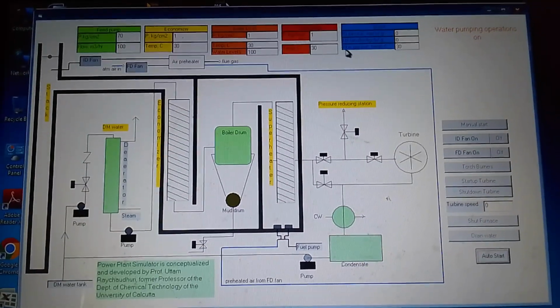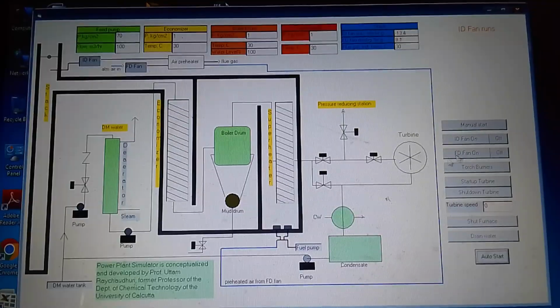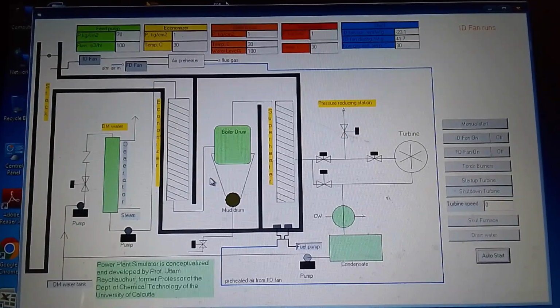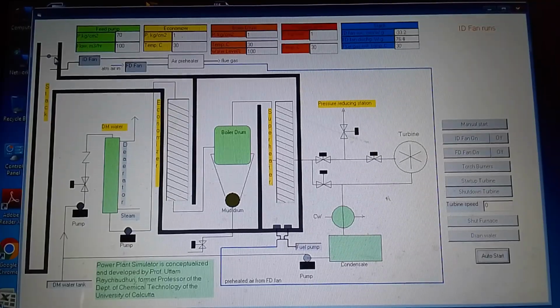Initially, at startup, the ID fan and FD fan are both started, where the ID fan sucks the flue gas from the top. This is the damper.